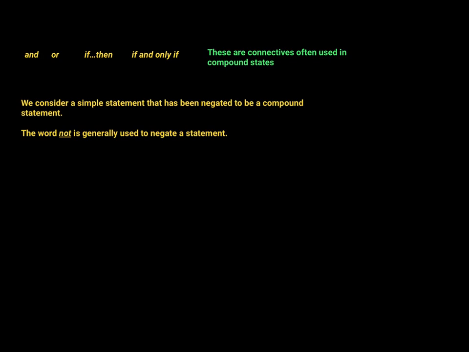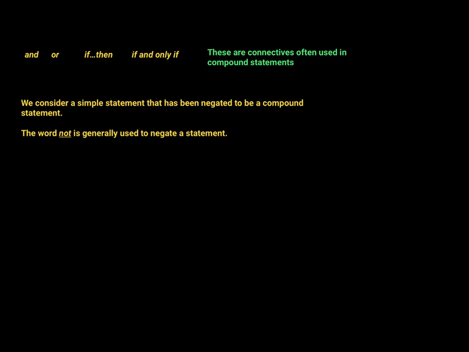All right, so when we look at all of these words up here, these are used to join two or more simple statements. So these are using compound statements. Actually, I misspelled something here. This should be the word statement or statements, right? Okay, good. We consider a simple statement that has been negated to be a compound statement, and the way that's going to appear many times is with this word not. All right.